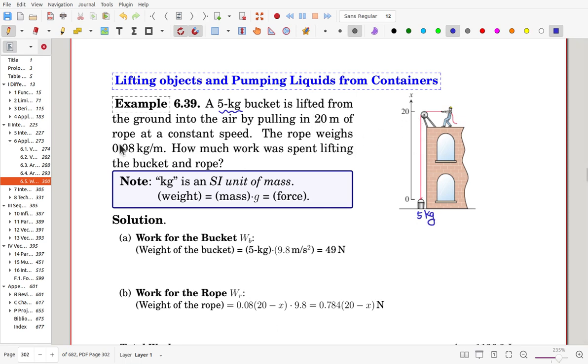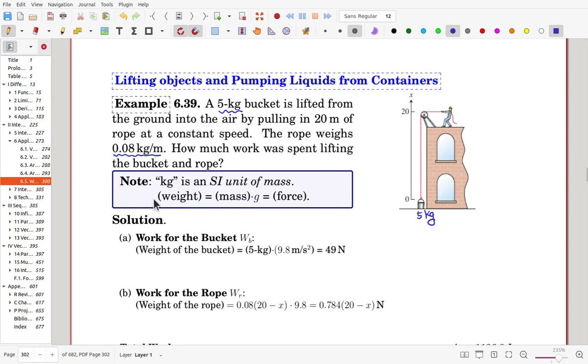Is lifted from the ground into the air by pulling in 20 meters of rope, so that this height is 20 meters and at a constant speed. The rope weight here 0.08 kilogram per meter. How much work was spent lifting the bucket and rope together?